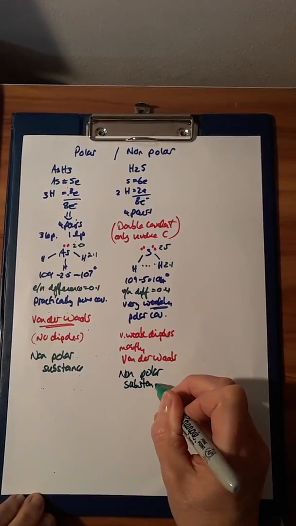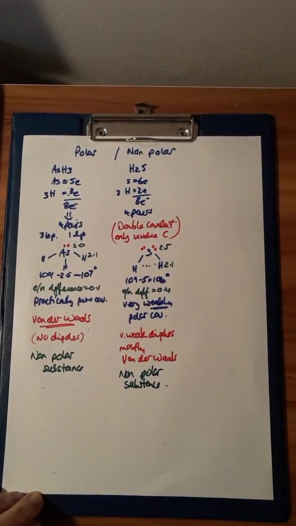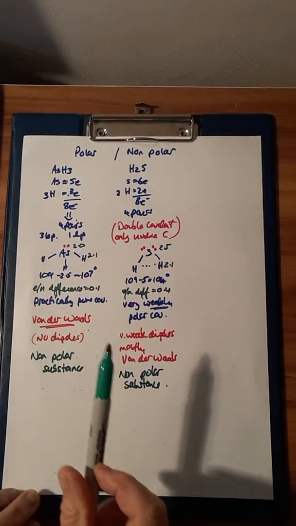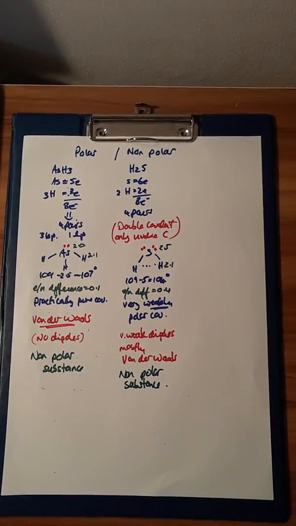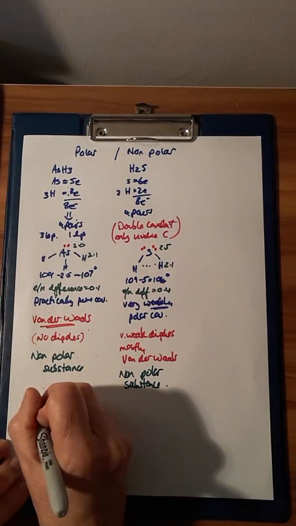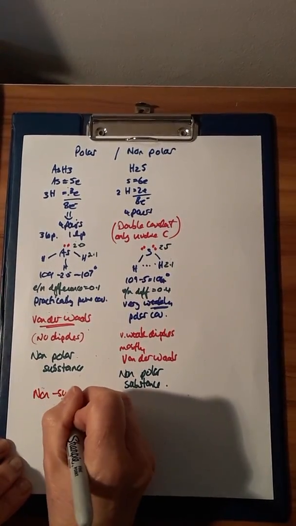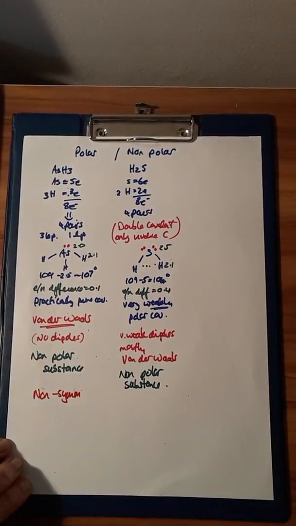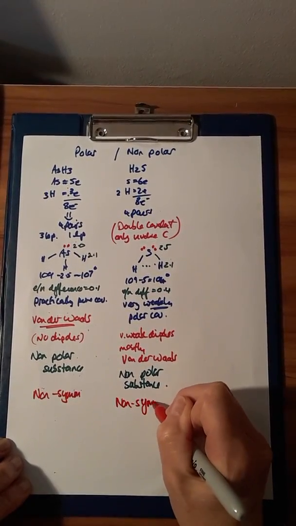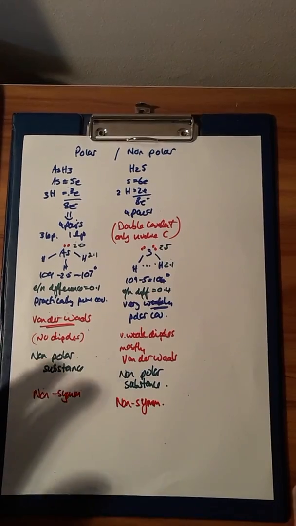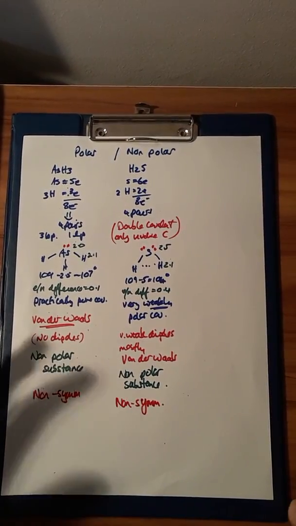Now, a couple of things I'm mentioning here. This hydrogen sulfide and this arsenic hydride are both non-symmetrical, as you can see. So you could say, okay, non-symmetrical molecule, and if there are dipoles present, then it's going to be a polar substance.